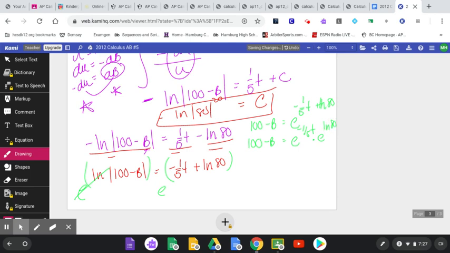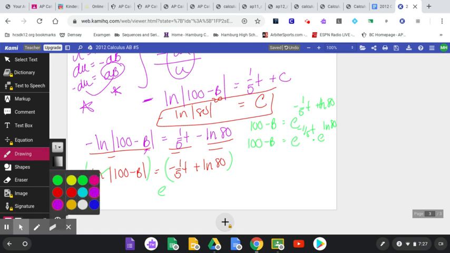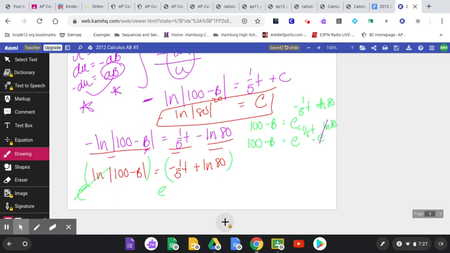That e to the ln of 80 can now zap out. So this becomes 80 times e to the negative 1/5 t equals 100 minus b. And then I'm going to bring the b this way and the 80 stuff this way. So I've got b equals 100 minus 80e to the negative 1/5 t.